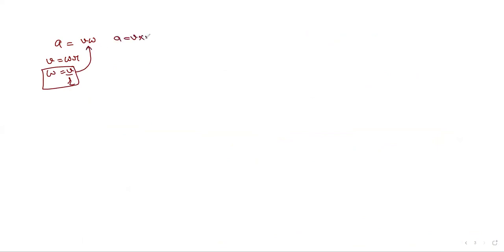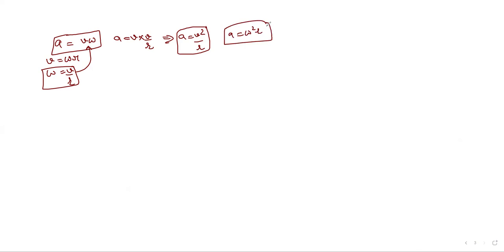A is equal to V times V upon R, so A is equal to V square upon R, right? So three relations we have. A is equal to V omega, A is equal to V square upon R, or A is equal to omega square R. So these are the three relations for centripetal acceleration. We can represent it by AC also, centripetal acceleration.